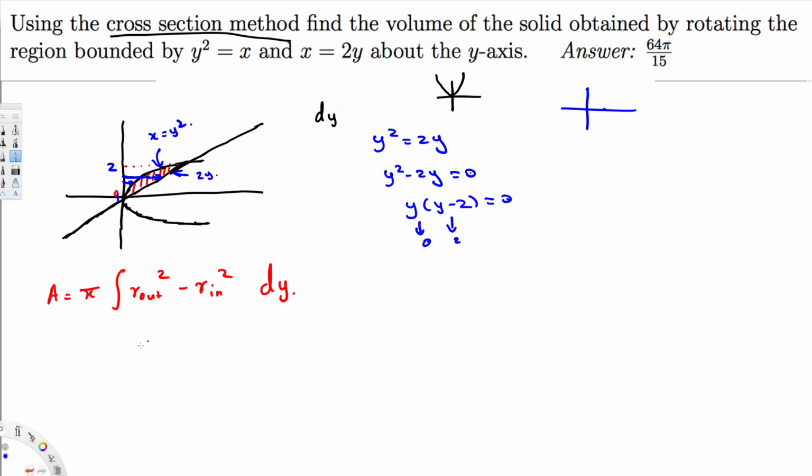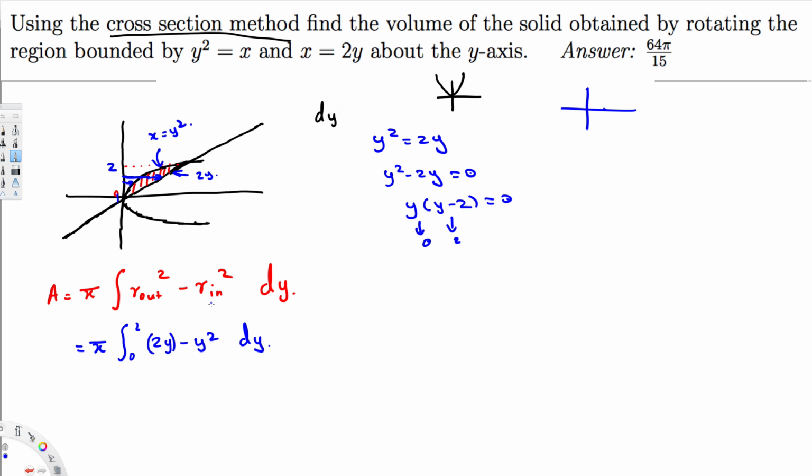So let's go ahead and plug it into this equation. Here we have pi integral from 0 to 2, the outer radius is 2y, and we found the inner radius is y squared, dy, right? Now we can integrate this, and we have to square it, right?